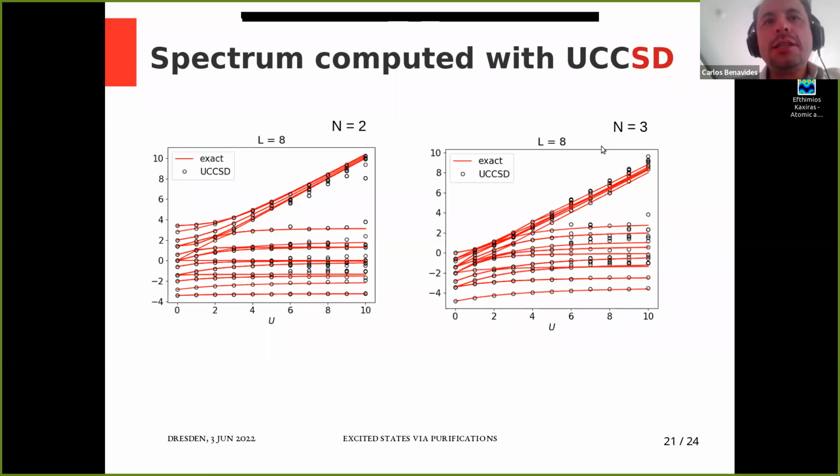For larger systems, for L sites, for weak interaction in this sector and this sector, also for 2 and 3 electrons, or fermions, for weakly correlated, for small U, the agreement is quite remarkable. As soon as you go very far, the agreement is not so great. But we think this can also be improved, either by going to triples or by doing a different approximation to the triples.